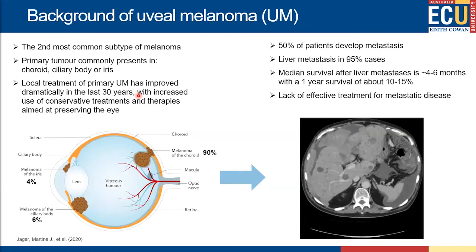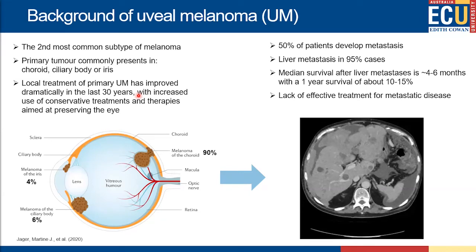As possibly previous speakers have introduced, uveal melanoma is the second most common subtype of melanoma, affecting the uvea layer of the eyes and usually subdivided into different types, affecting the choroid, the ciliary body, or the iris.